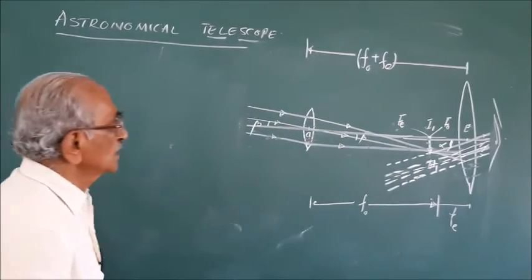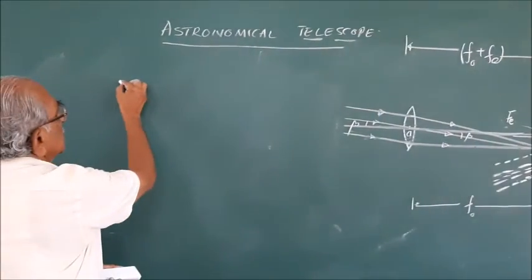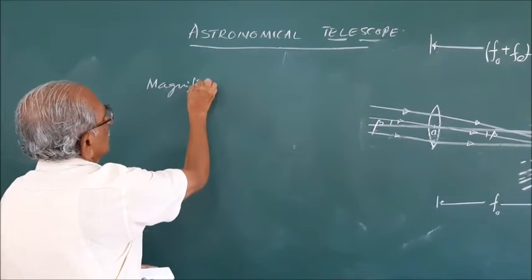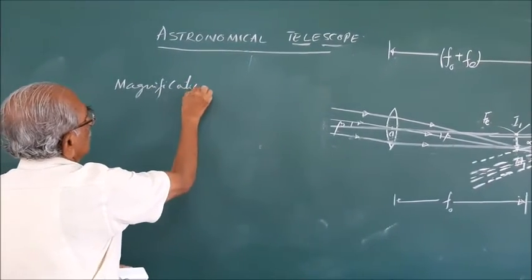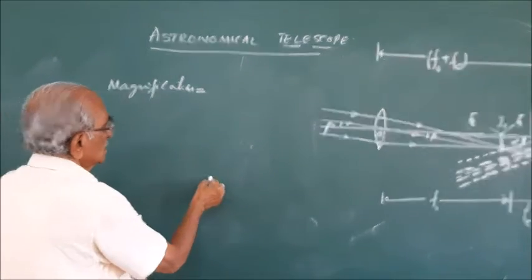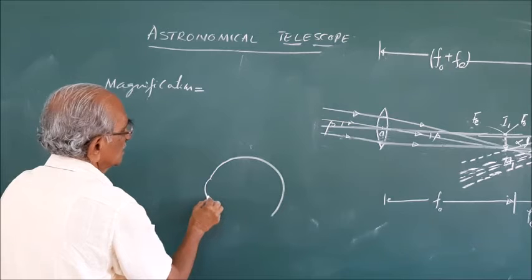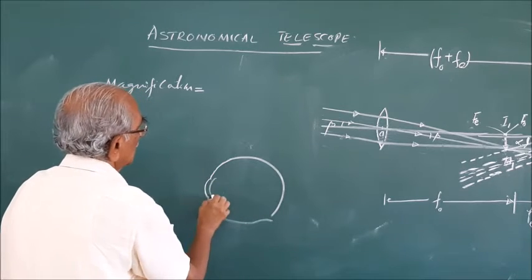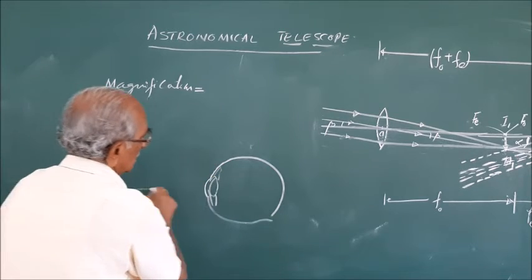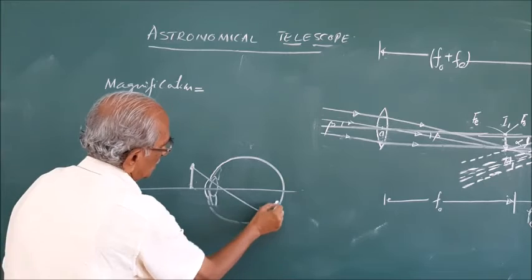Now, we will derive an expression for the magnification in this adjustment. Now, remember one thing here: if you have the eye lens, and an object is placed like this, this is the image.